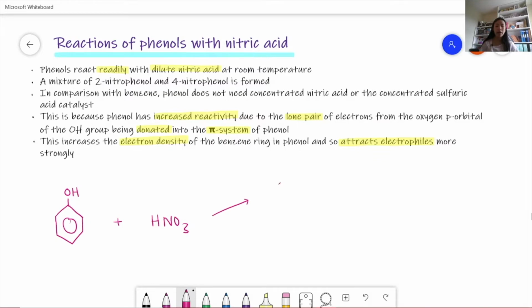So it would be a benzene ring, and then you'd have an OH at the top, and then here you would have an NO2, and then you'd have water, because we've substituted out a H+, and the H+ has reacted with the rest of the nitric acid that we didn't use to form water.